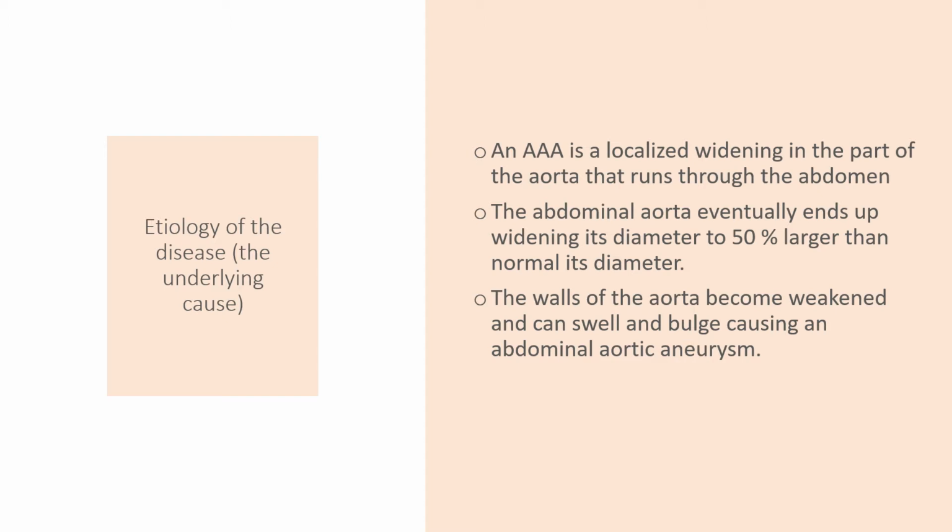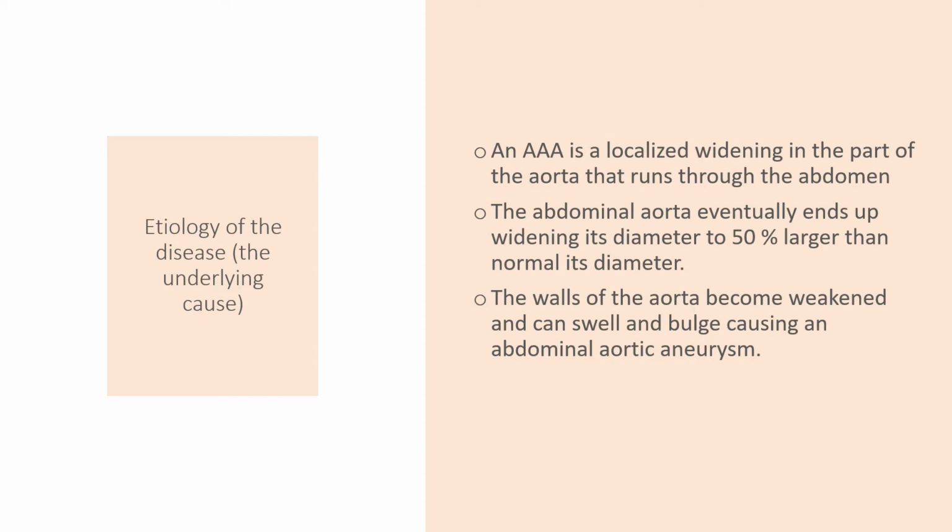Etiology of AAA. The exact cause of AAA is unknown. However, there are multiple factors that may contribute to and could increase the risk of AAA, in other words, abdominal aortic aneurysm. An AAA is a localized widening in the part of the aorta that runs through the abdomen.